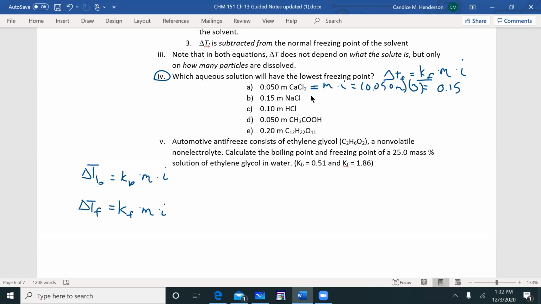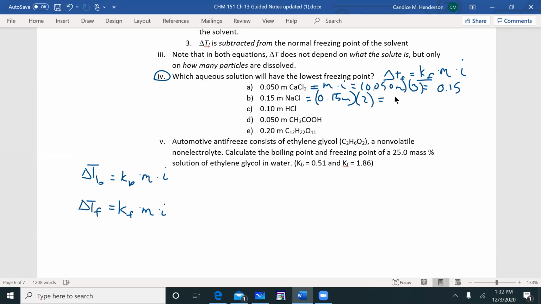This here, my molality is equal to 0.15 M. And then my i factor for this one is 2, right? 1 sodium and 1 chlorine. So I don't have quite as many particles here, but I do have a higher molality than what I had before.